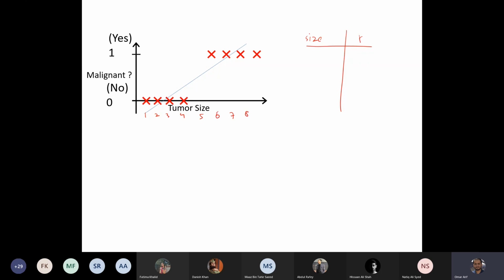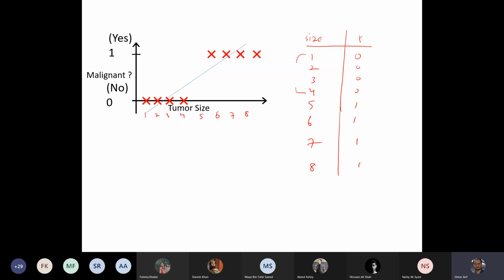I'm just giving an example. If the size is 1, it is benign, 0. Size 2 is 0, size 3 is 0, size 4 is 0, 5 is 1, 6 is 1, 7 is 1, and 8 is 1. So these are my 8 examples.